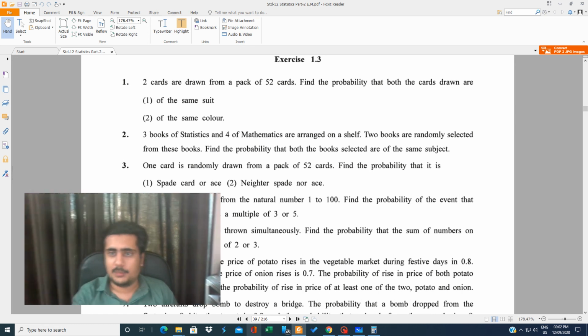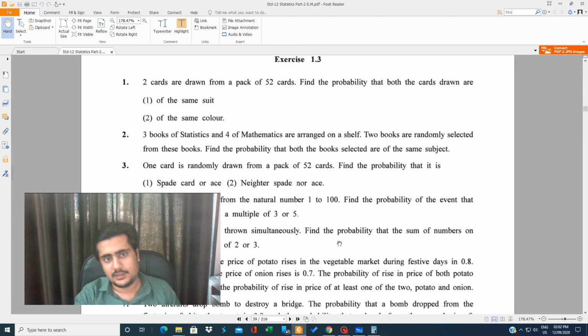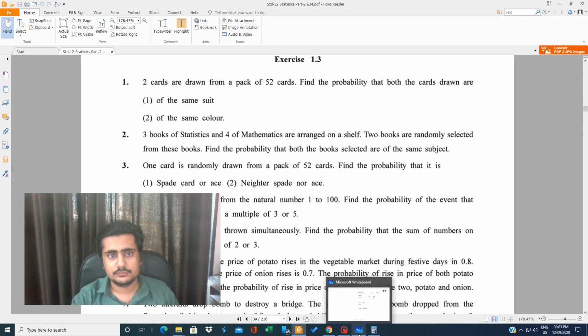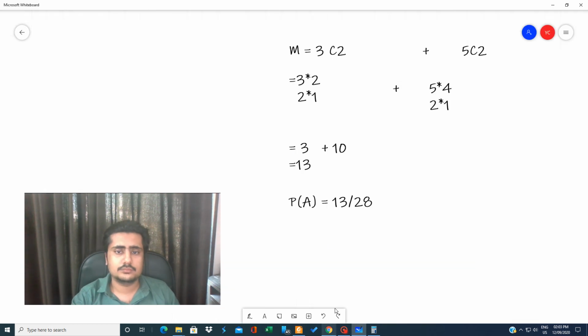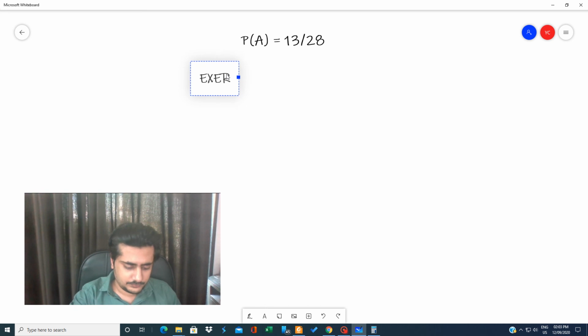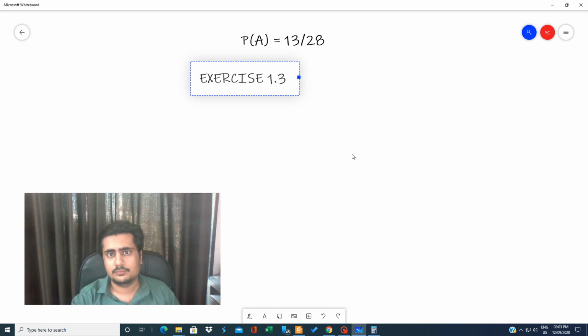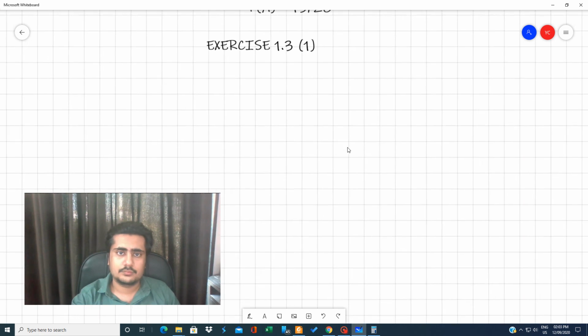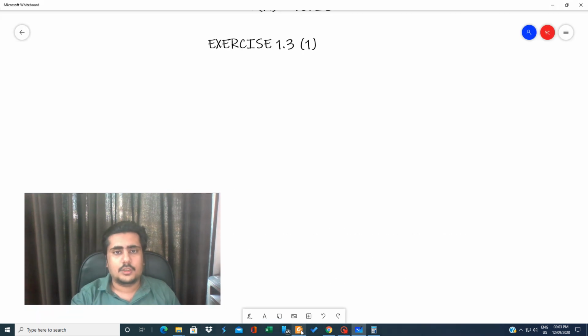Find the probability that both cards are of number 1, the same suit, and number 2, the same color.